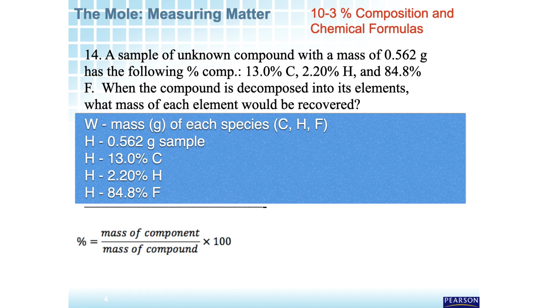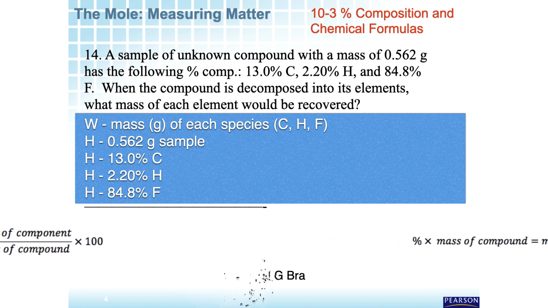So we know that percent is equal to the mass of the component over the mass of the compound times 100. But we're already given those. Those are our percents underneath the grams of sample. So then you're going to take each one of those percents times the mass of the sample. So here I will show you. It's just rearrangement by algebra.